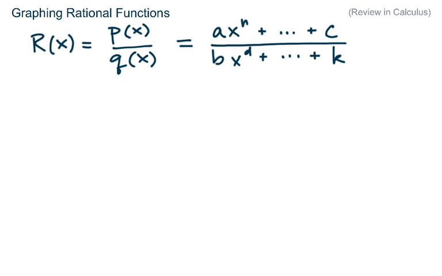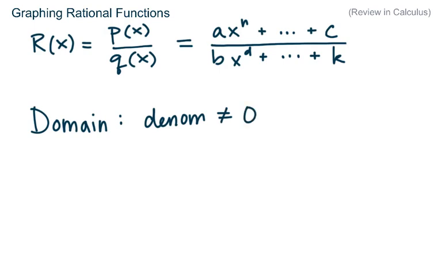So the first thing when we're thinking about a rational function is we want to think about the domain. And what we need to know is that when we're finding the domain, the denominator is not allowed to equal 0. We have two pieces that are a subset of the domain, in a sense.